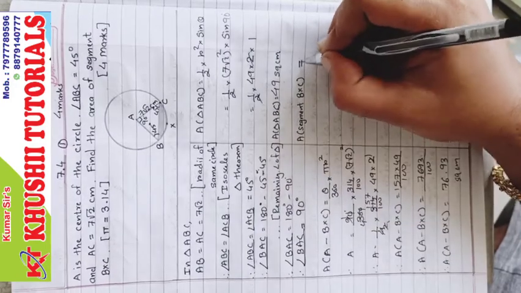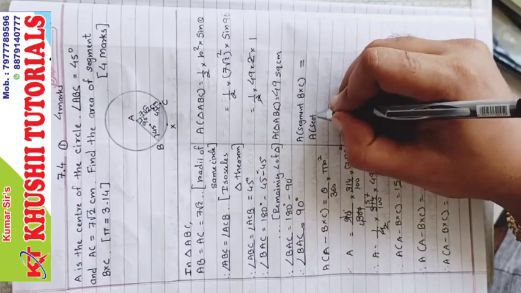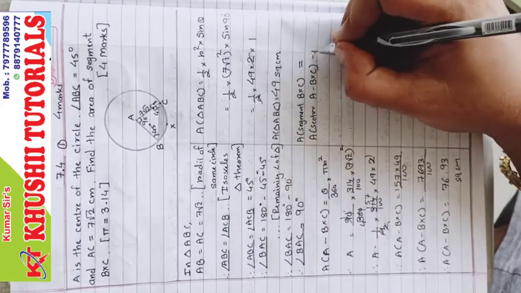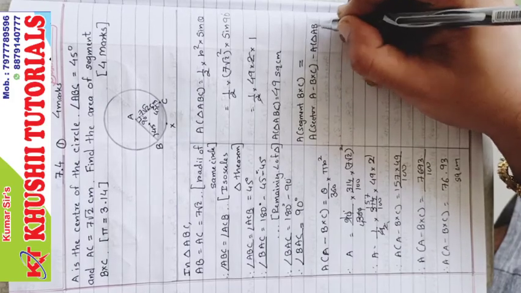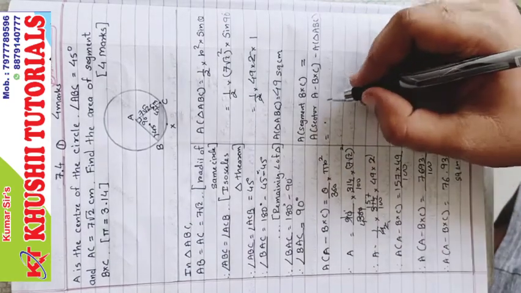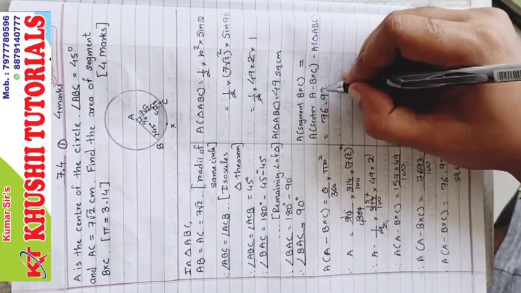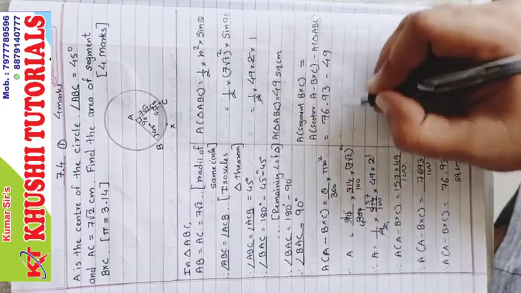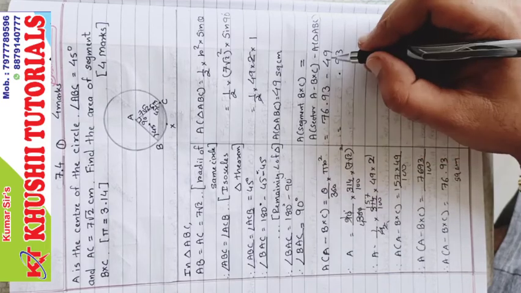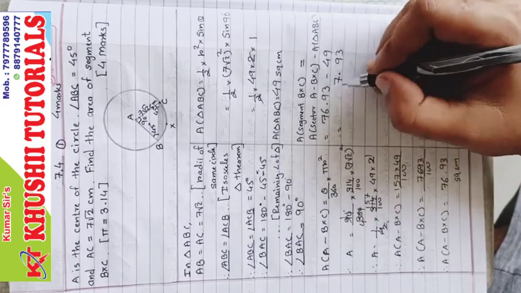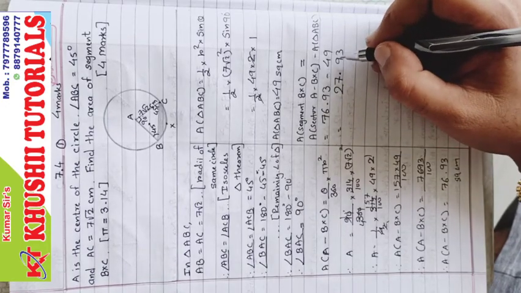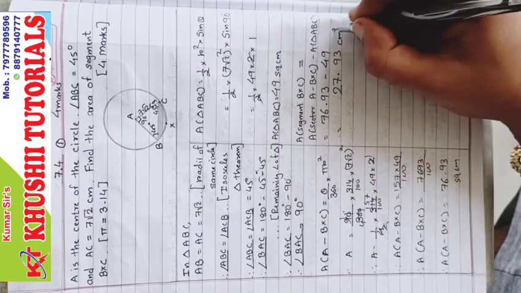Now area of segment BXC equals area of sector ABXC minus area of triangle ABC. Area of sector is 76.93 minus area of triangle is 49. 0.93 will remain 0.93. 6 minus 9... 16 minus 9 is 7 and 6 minus 4 is 2, so 27.93 centimeter square.